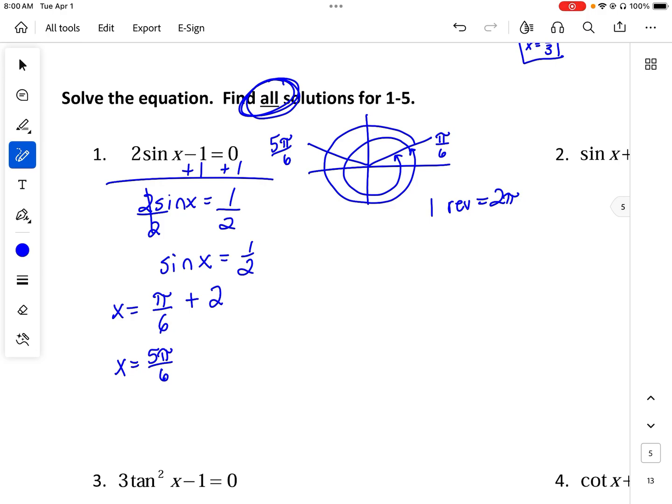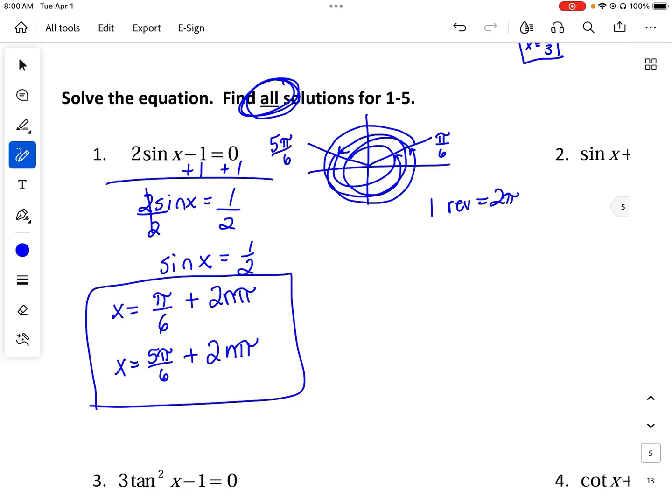So we're going to do plus 2 pi n, or let's do 2n pi. And you have to do it on the other one too, because we'll take this one and go around and keep on going around. So this would be the same thing. So this accounts for all coterminal angles.